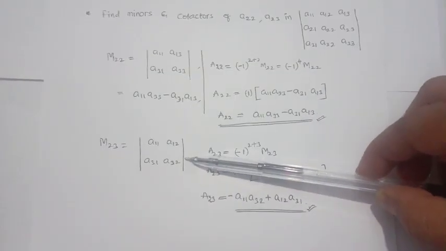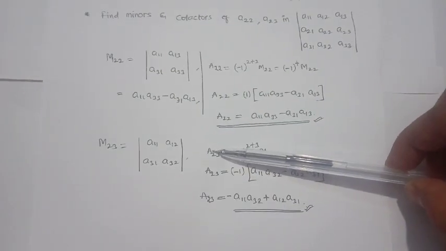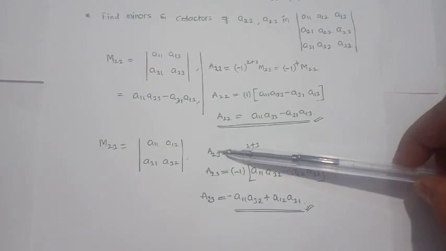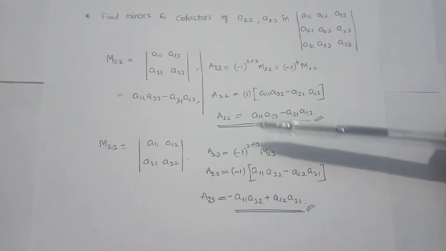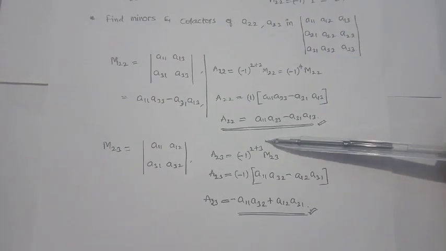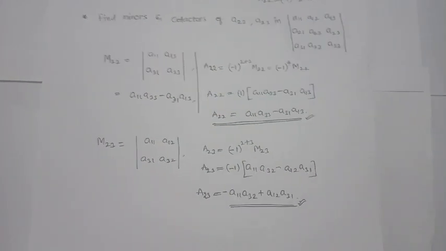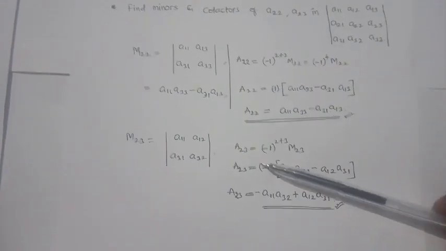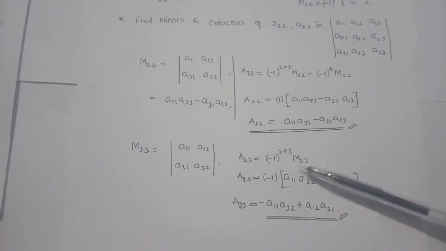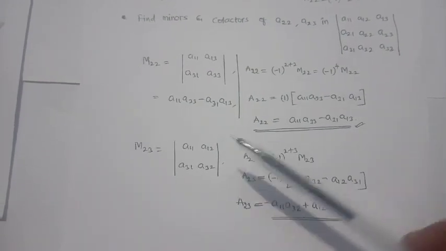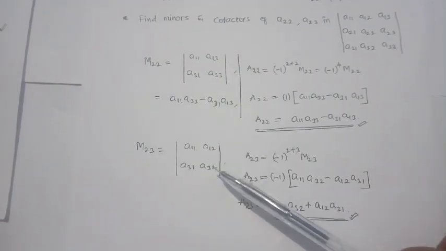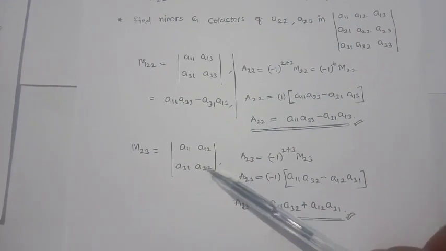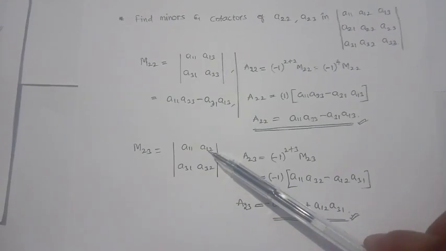So the determinant we are going to find, and the cofactor of A23 is (-1) whole power 2 plus 3. (-1) whole power 2 plus 3 is nothing but (-1) whole power 5, which will become -1, and M23 is going to be A11 into A32 minus A31 into A12.